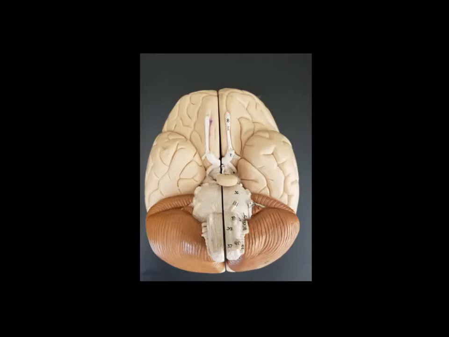This is where we get our sense of smell. And just in front of the pituitary gland and the infundibulum, we see right here cranial nerve number 2, which is the optic nerve. And the optic nerve is responsible for our sense of sight.